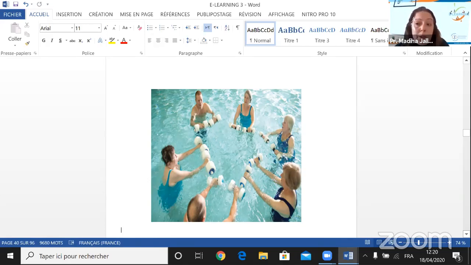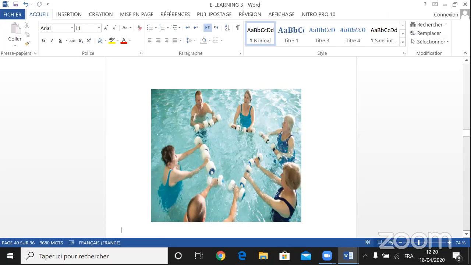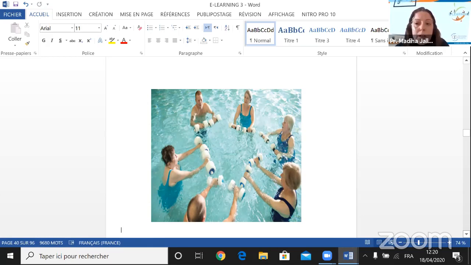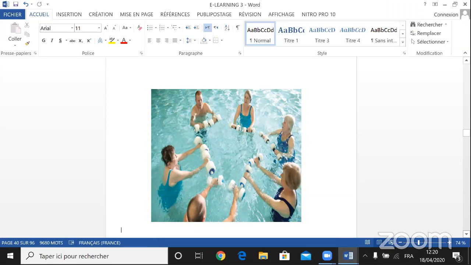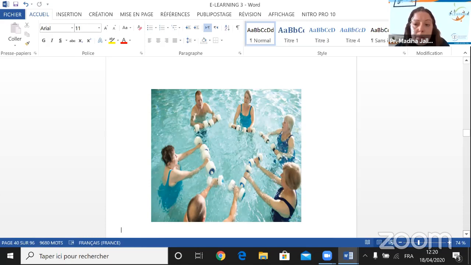Maybe they are there for fitness. Maybe one of them is obese. So for fitness, they do exercises. Here they are doing exercises in the pool for a variety of reasons. Who must be with them to show them the exercises they need to do?